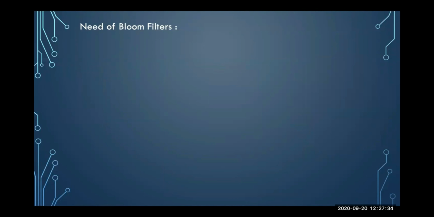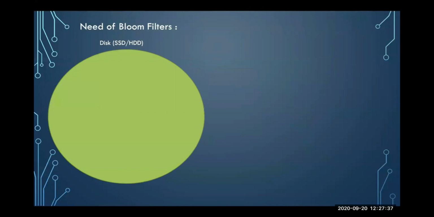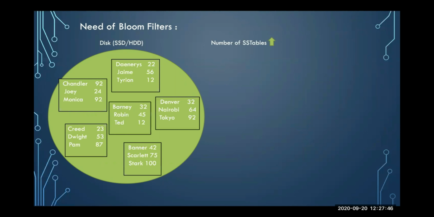So what are Bloom filters and why are they needed? Consider the situation in which we have a disk and the number of SS tables increased. So we have 6 SS tables on this disk, each consisting of three entries. And say now the compaction has not kicked in yet and it will take another 30 minutes for compaction to come in.